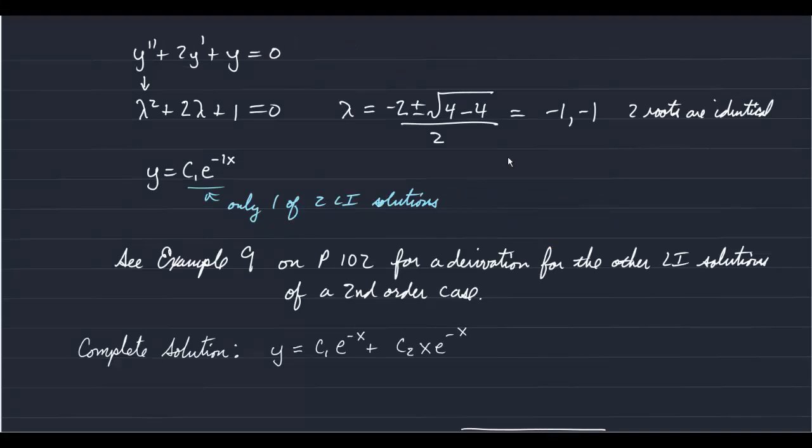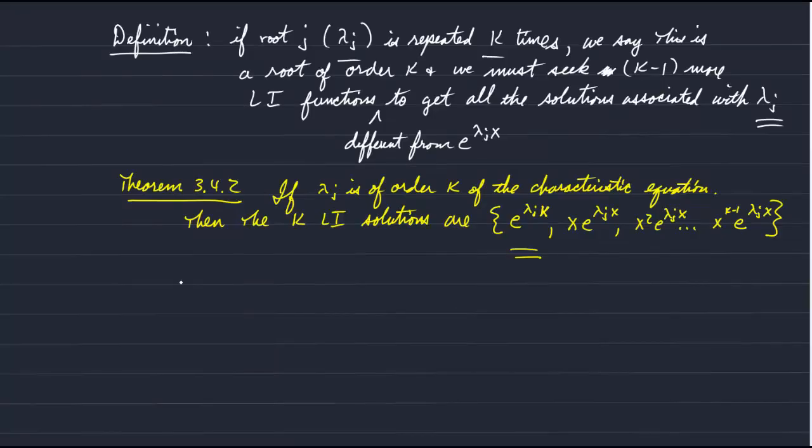So returning to our last example, lambda here was a repeated root of order 2. So the first root gives us e to the lambda x, and then our second root, or the first repetition, gives us x to the first power times e to the lambda x. So let's look at one example here. We have y quadruple prime minus y double prime is equal to 0.